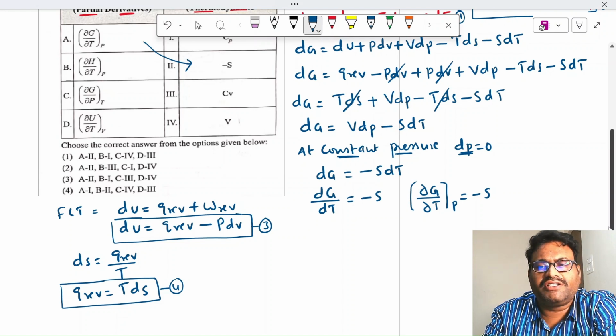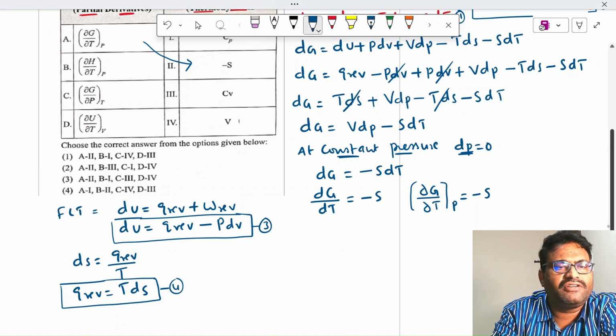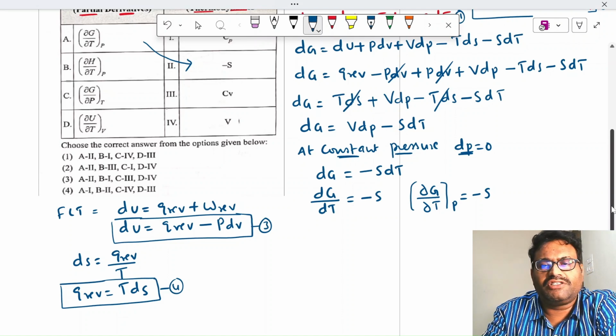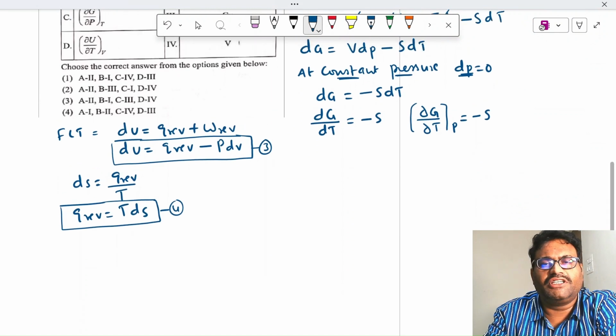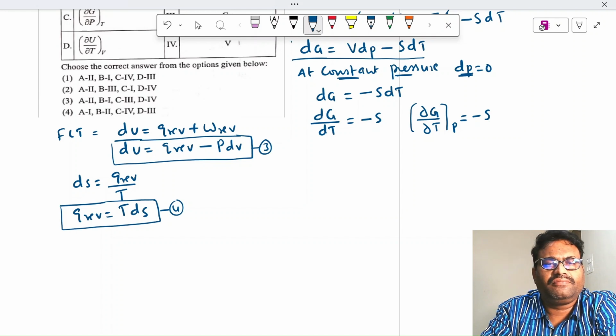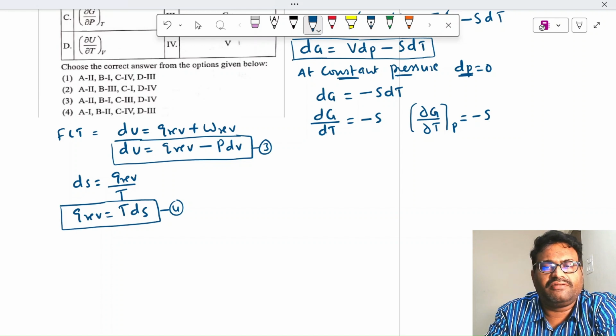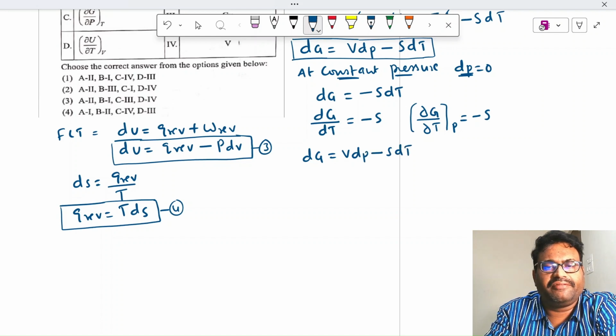right? For the same expression, if I take at constant temperature, so this is also given, you see, at constant temperature, the same expression you take. If I take this expression, what is that expression? dg is equal to v into dp minus s into dt at constant temperature.